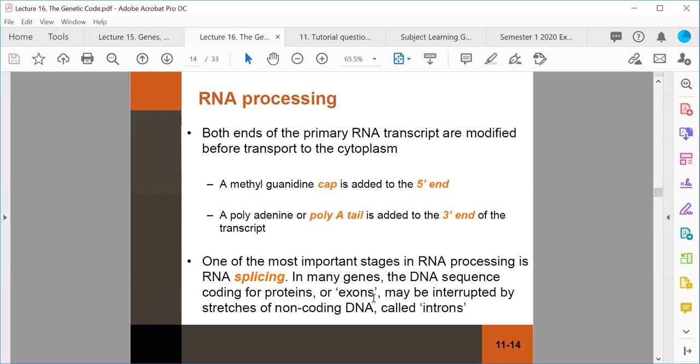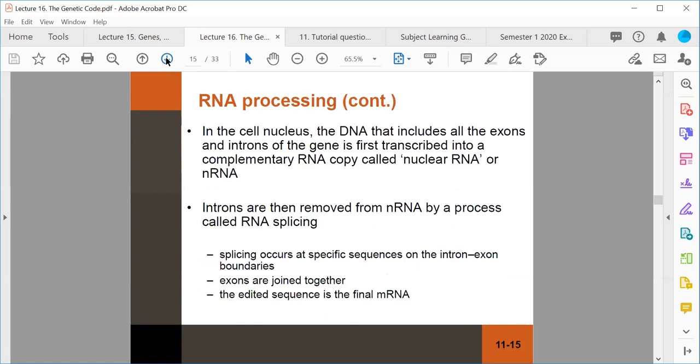So these bits of non-coding DNA have to be cut out. They have to be spliced out. Those regions that have to be cut out are called introns. The regions of the gene that remain are called exons. We will see that on the next slide.